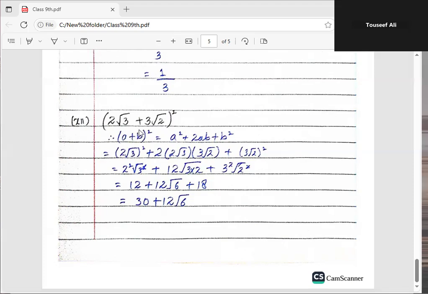Now when we open this question by using this formula, it becomes a square. A square means 2 root 3 square, plus 2ab. 2 is in the formula, and in place of a is the term 2 root 3, and in place of b we have the term 3 root 2, plus b square, 3 root 2 whole square.